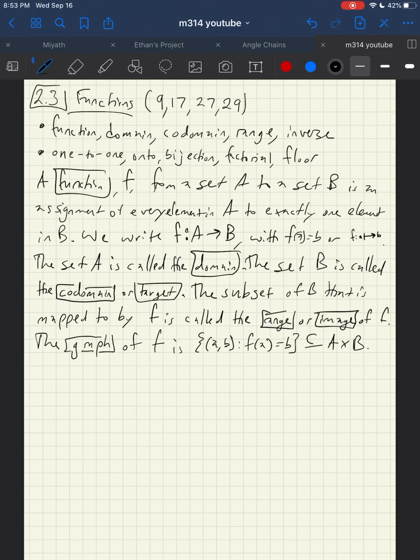Okay? So let's take a minute and go after this domain and range and codomain stuff. Let's consider the function f, which maps the real numbers to the real numbers. So this means it takes real numbers as inputs and it gives us real numbers as outputs, defined by f takes x to x squared.